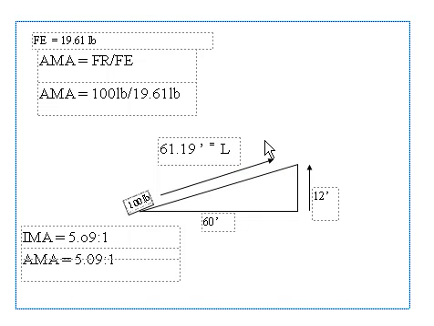Once we came up with that, then we were able to calculate the force of effort at 19.61 using our equilibrium formula, and that was F of E times D of E equals F of R times D of R. And once we did that and we had F of E, then we could figure out AMA, which is the force of resistance divided by the force of effort.